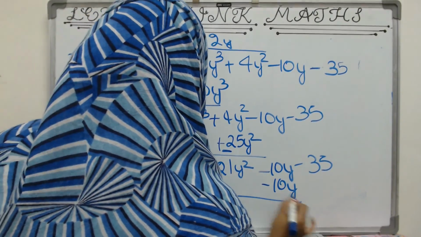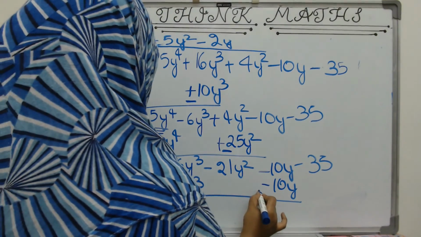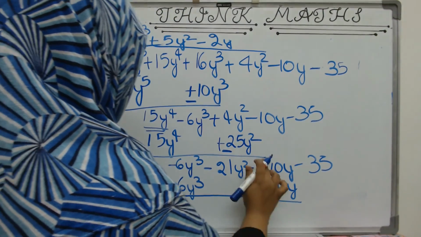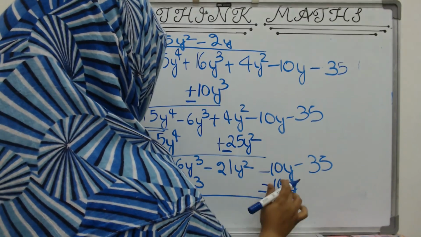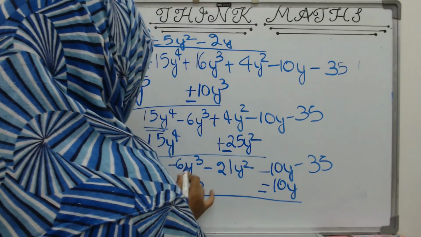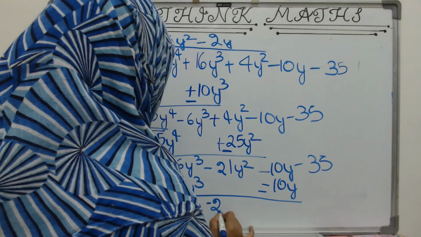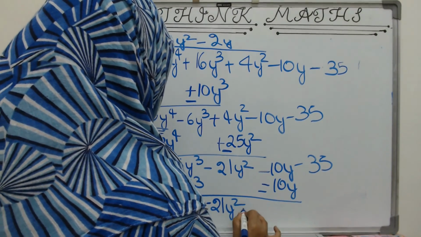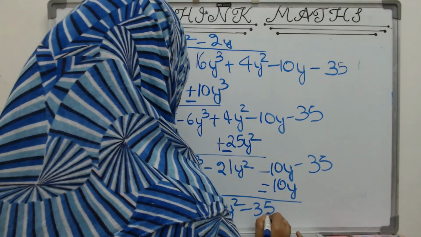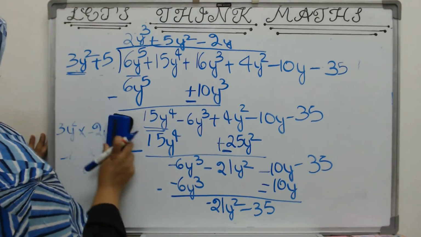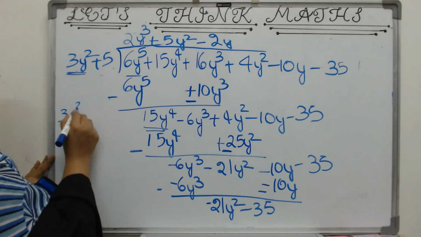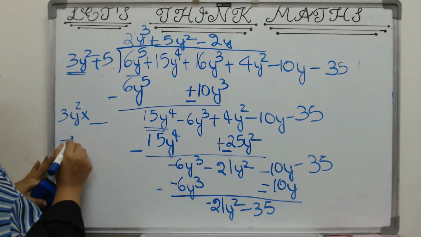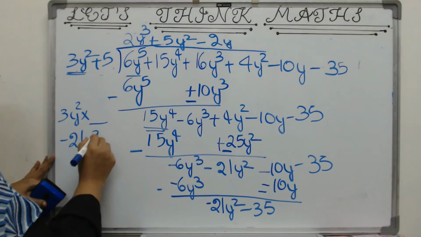Now again minus. So this becomes plus and this also becomes plus. Minus here, it becomes plus. So this also gets cancelled. This is also 0 and this is also 0. And you are left with 21y square minus 35. Now 3y square into what will give you minus 21y square?